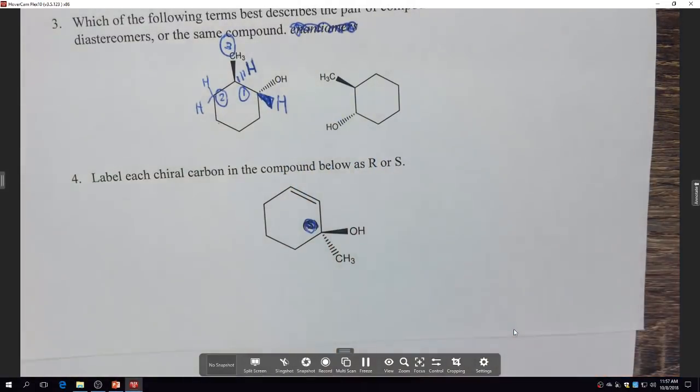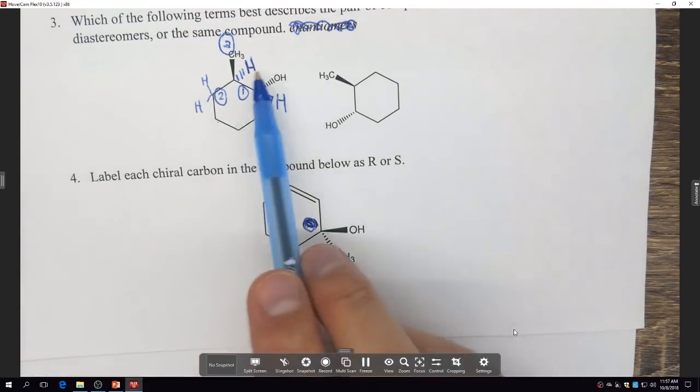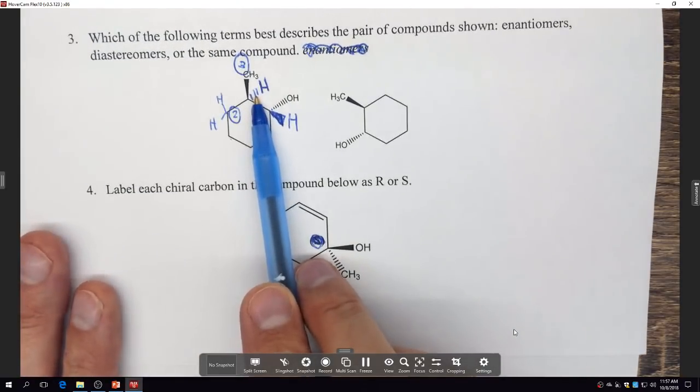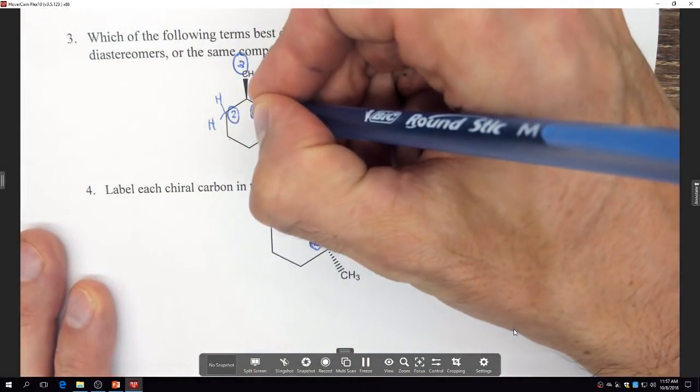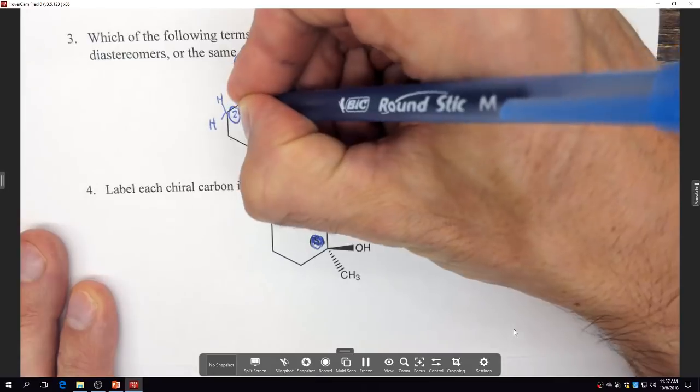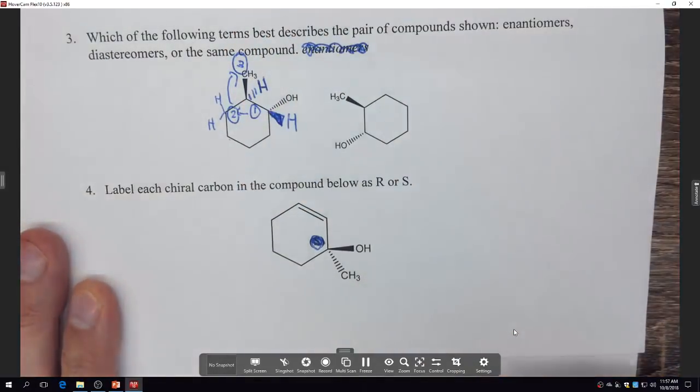Now, it's very important to remember that when you're assigning the R and S configuration, you have to be holding the lowest priority group, in this case hydrogen, away from you. In this case, the hydrogen is already away from us, so we're good. So we have 1 to 2 to 3.